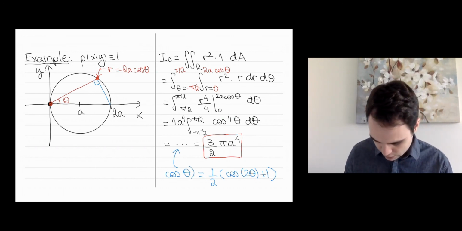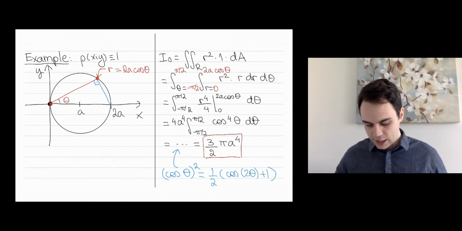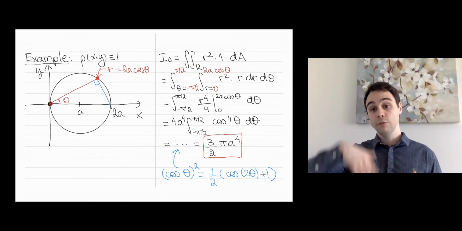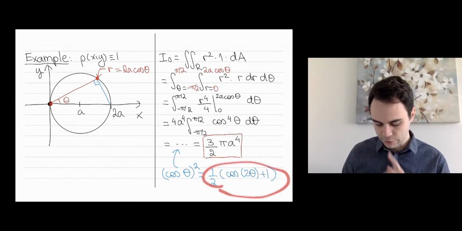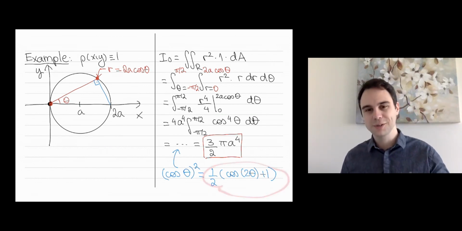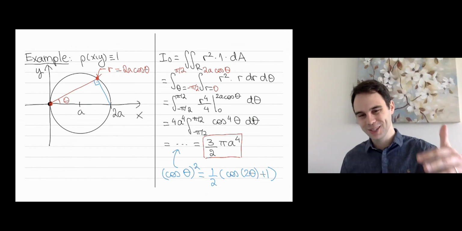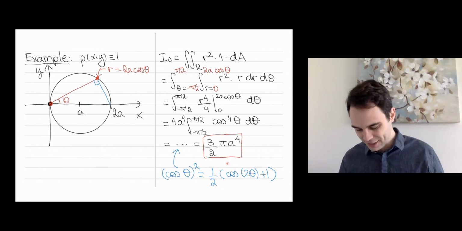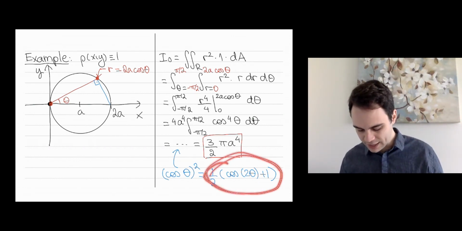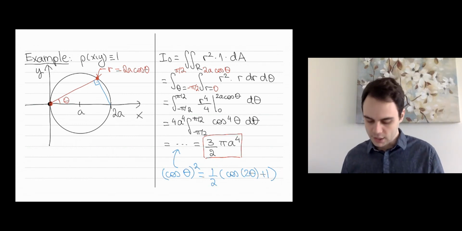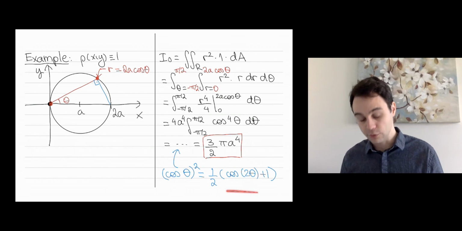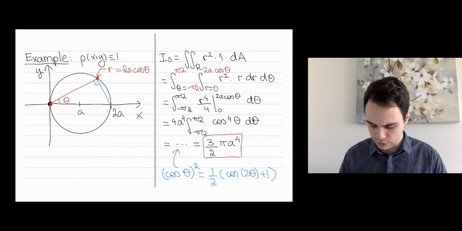So cosine theta to the 4th is cosine squared, squared. Now cosine squared is this, and if I square that, I'll get cosine 2 theta squared. And that can be simplified using this formula again, and then you can do the integral. So it's not very pleasant, but you can do it.